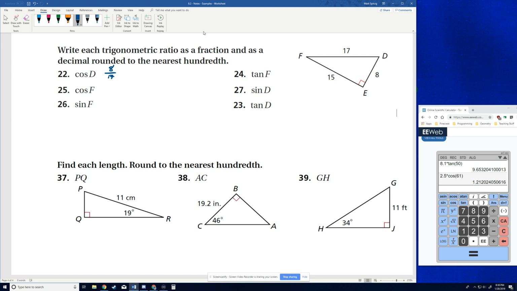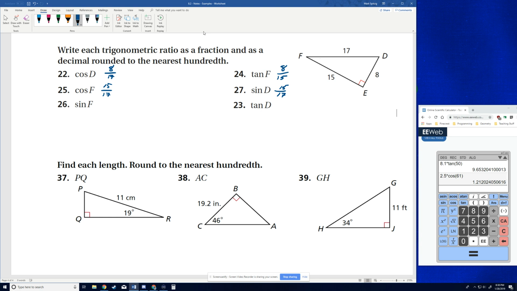All right, tan F, so that's opposite over adjacent. So that's going to be 8 over 15. Cosine F, that's going to be adjacent over hypotenuse from this angle F, that's 15 over 17. I'll go back and do the decimals in a second. Sine D is going to be opposite over hypotenuse. That's going to be 15 over 17, which again is the same.